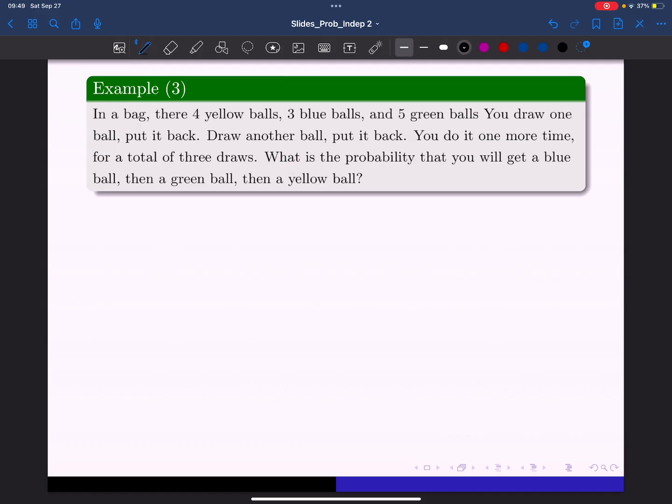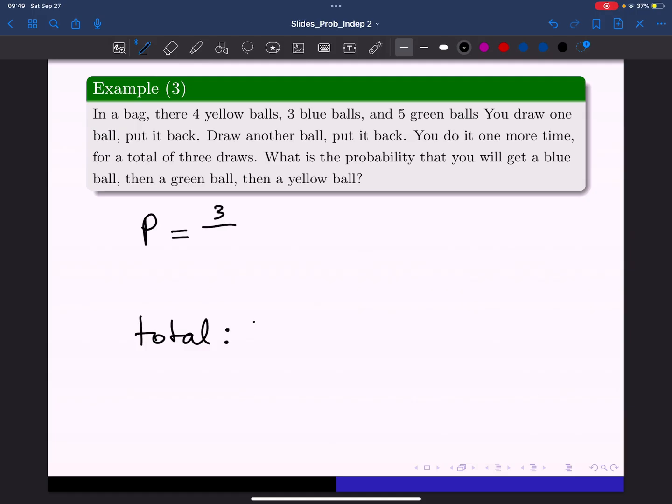So then our probability would be equal to the chance of getting a blue ball. How many blue balls do we have? We have 3, so we can take this one or this one or this one. So we have 3 chances of getting blue out of the total number. Let's calculate the total.